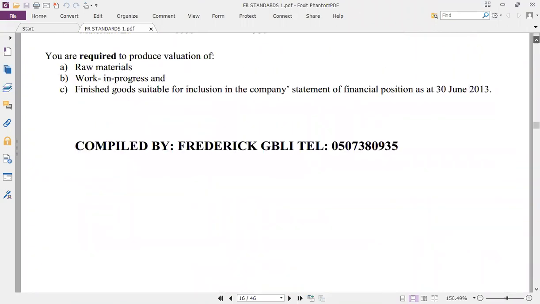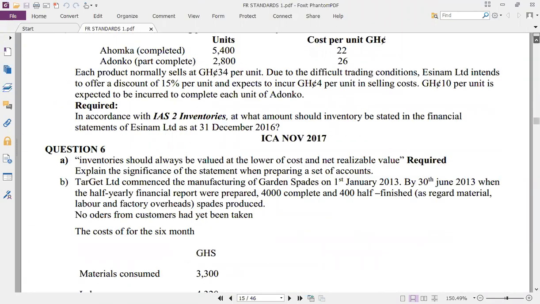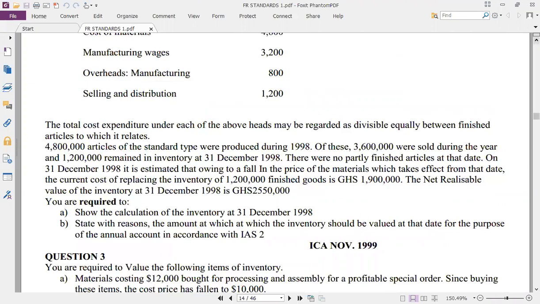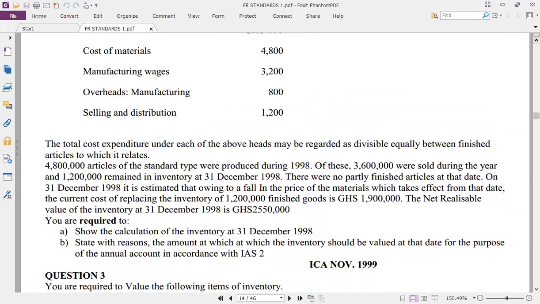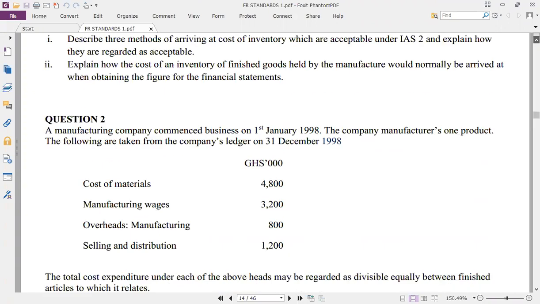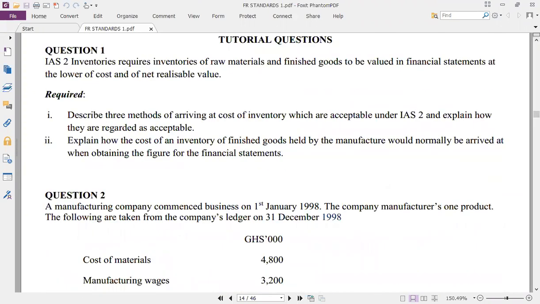So for question 6, and then you are doing question 2. Yes, so 6 and 2 plus the illustrations. Please, I need a solution to them. Yes. Any chapter that we do, the questions are many.